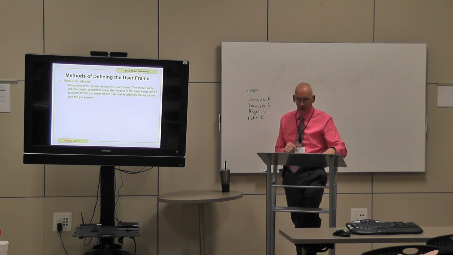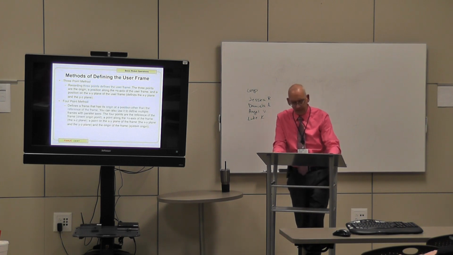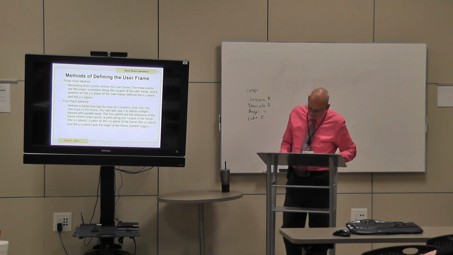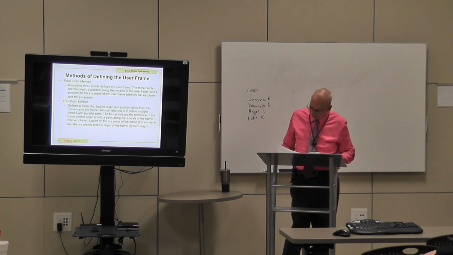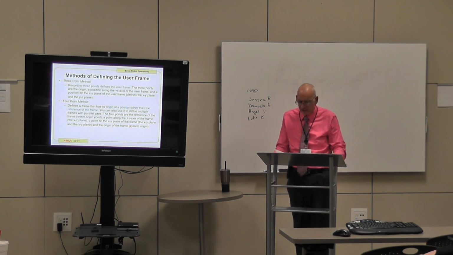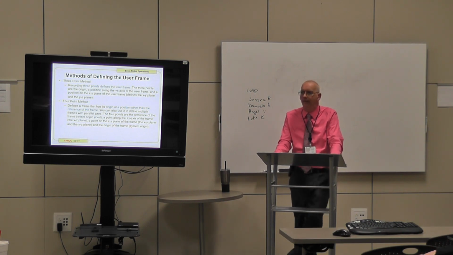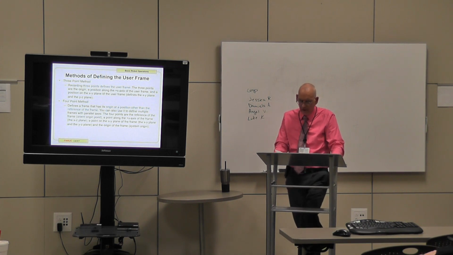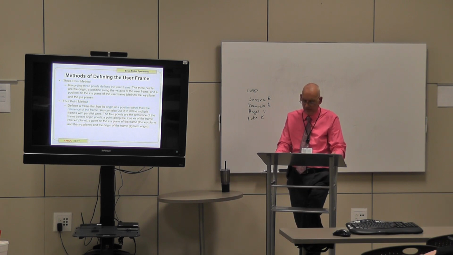Then we also have what's called the 4-point method. The 4-point method defines a frame that has its origin at a position other than the reference of the frame. You can also use it to define multiple frames with parallel axes. See? So they have to be parallel.